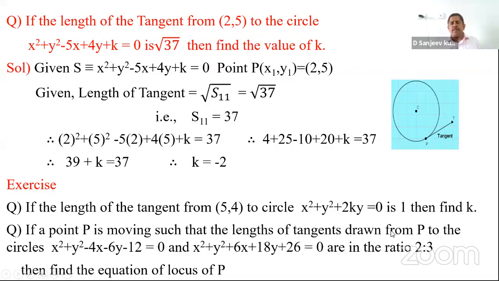If you take T1 and T2 as points on the circles, PT1 is to PT2 is 2:3. So you can write PT1 by PT2 as 2/3. Cross multiply and solve like the previous problem, you get the answer. Tell me what exactly the answer is in the next class.